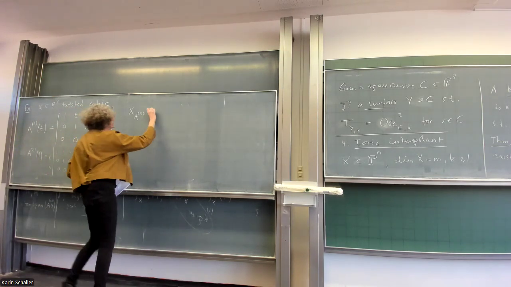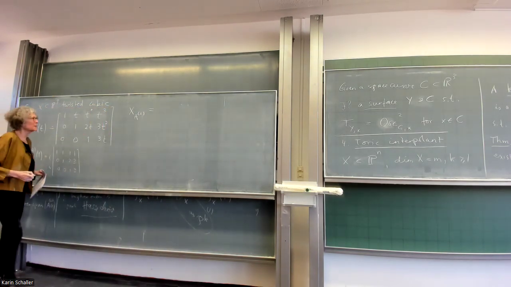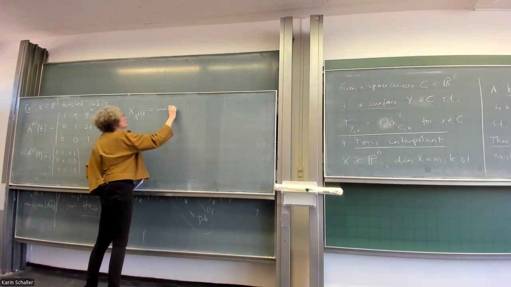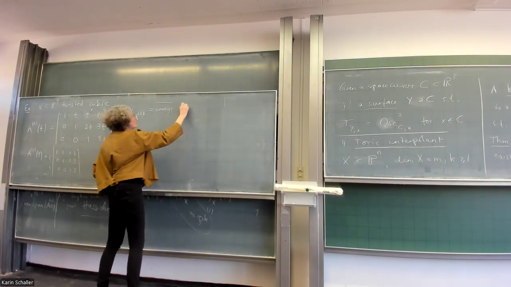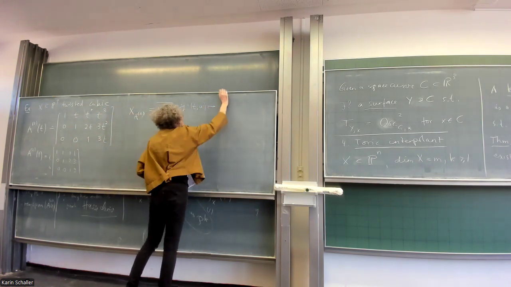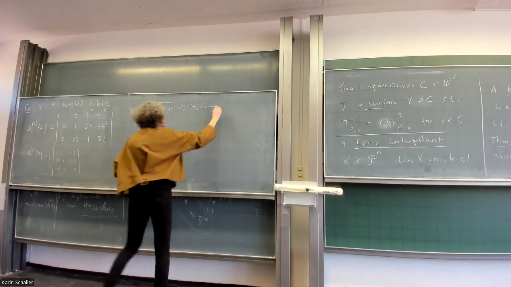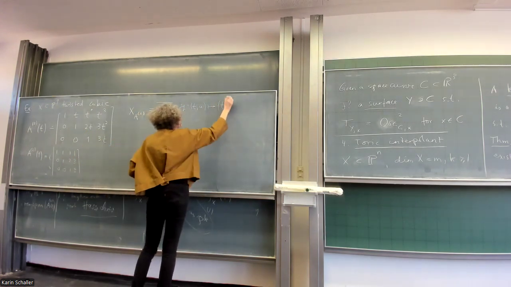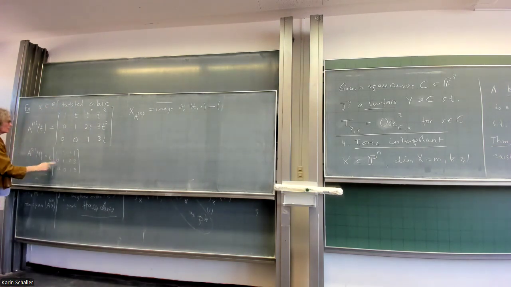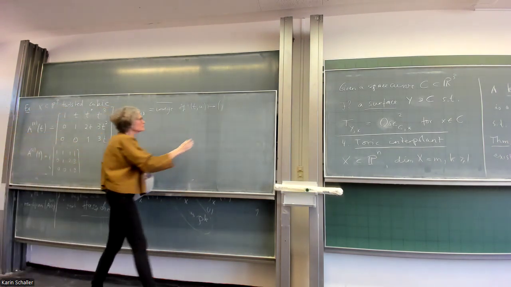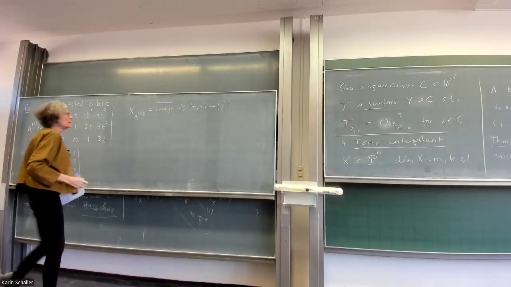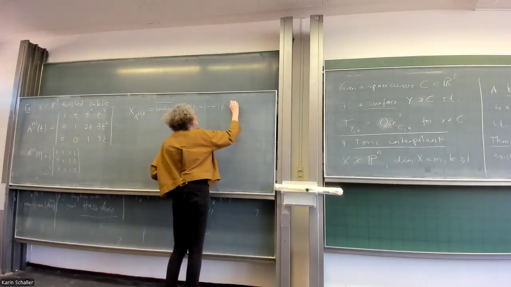And then you see that this will be the closure of the image of (t, u) going to, sorry, what do I do? Here, no t's, no u's, so 1. And then I have t squared u.